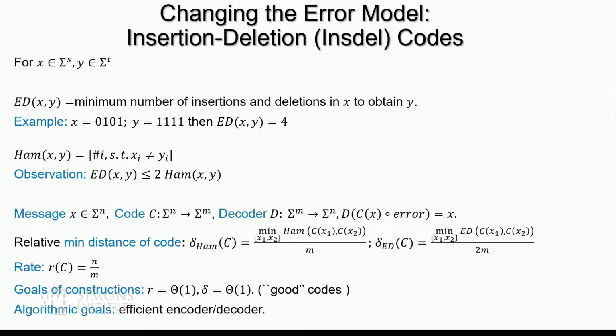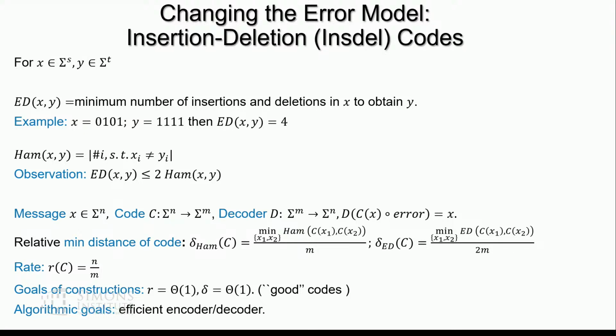And just as before, one can define the relative minimum distance of a code to be, so here the normalization factor is 2m because we want it to be in [0, 1]. We also have the same notion of rate, the same goals as before.